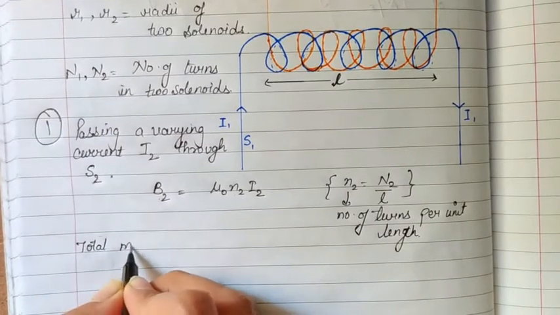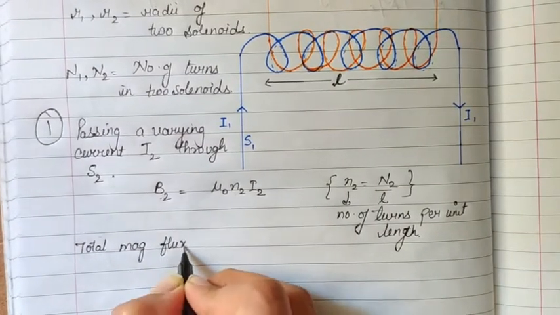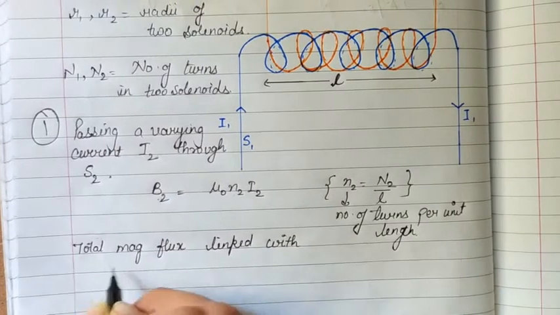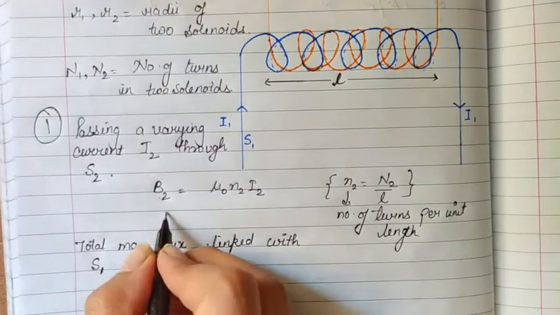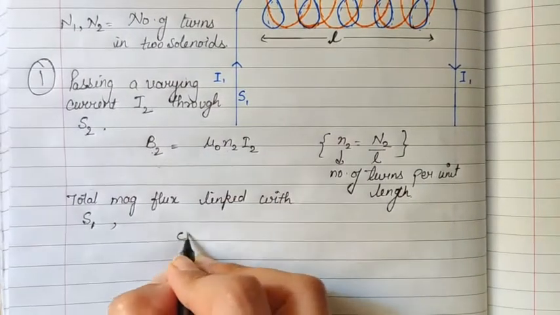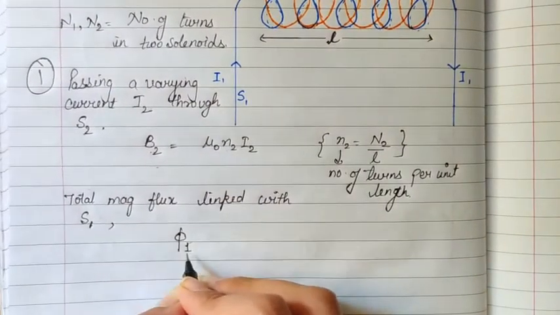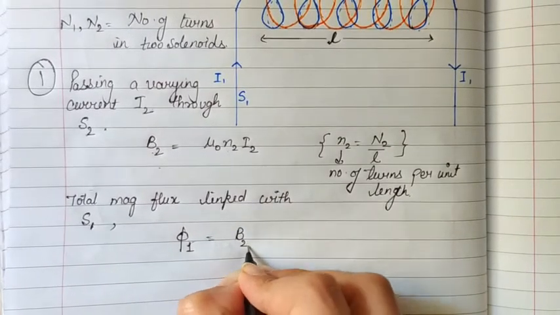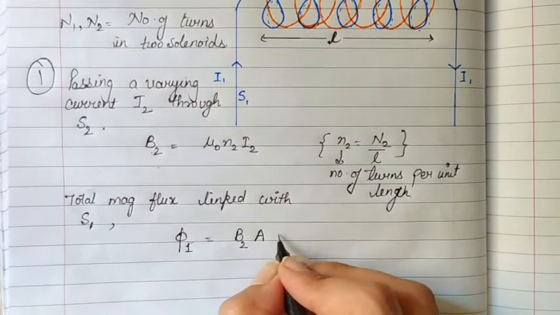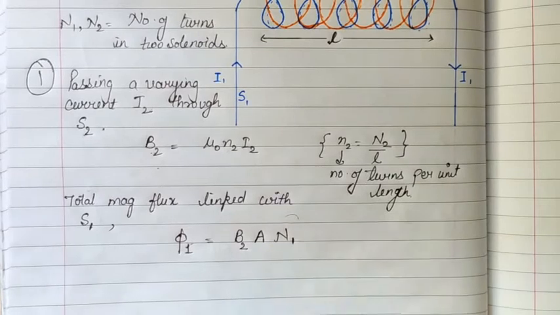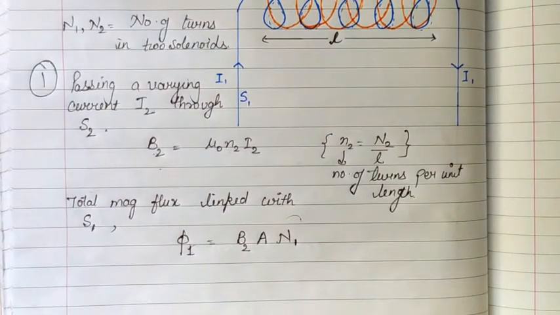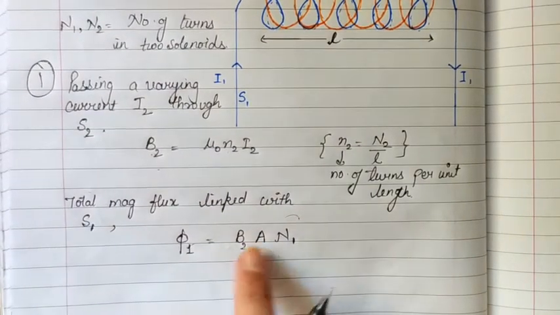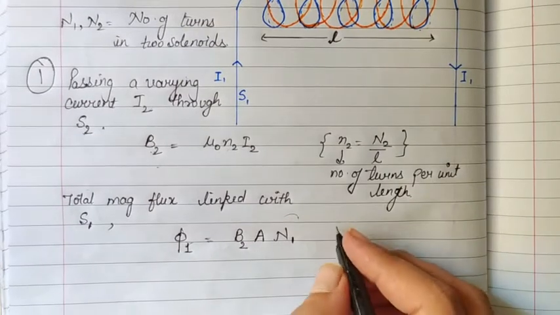Total magnetic flux linked with the inner solenoid, that means linked with S1. Because of this magnetic field B2, the flux is phi 1, and it is B2 A N1, because there are N1 turns in total, and A is the area of cross section of S1, so it will be pi R1 square.